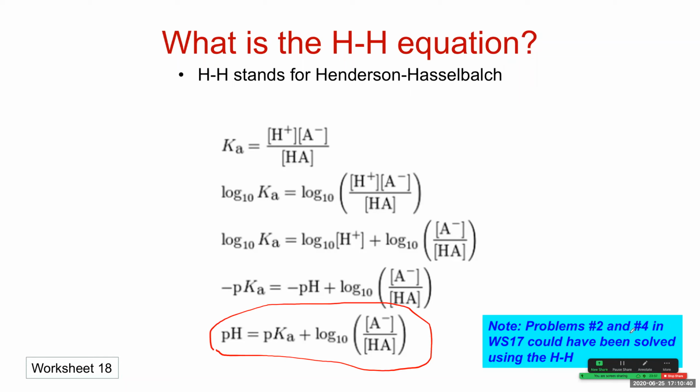Note the problems number 2 and 4 in worksheet 17 could have been solved using this Henderson-Hasselbalch equation. We solved them using ice tables. The only thing you have to worry about when using the Henderson-Hasselbalch equation is that the small x assumption that we made to simplify the calculation from the ice table, so that we didn't have to use a quadratic equation, applies.